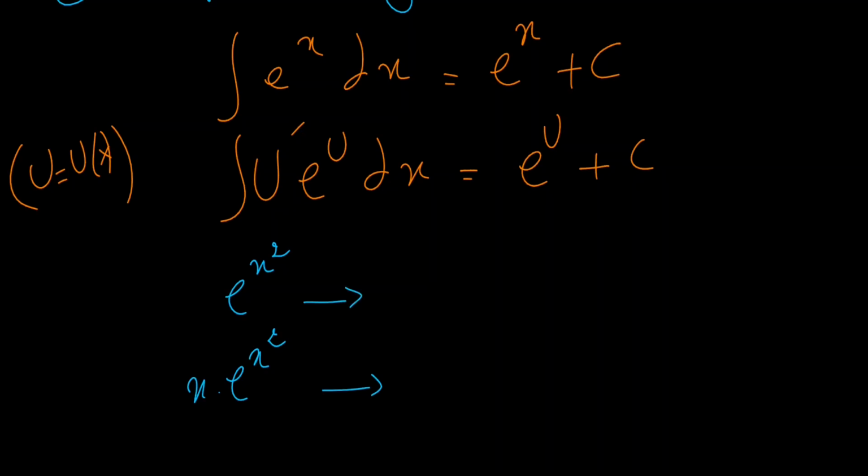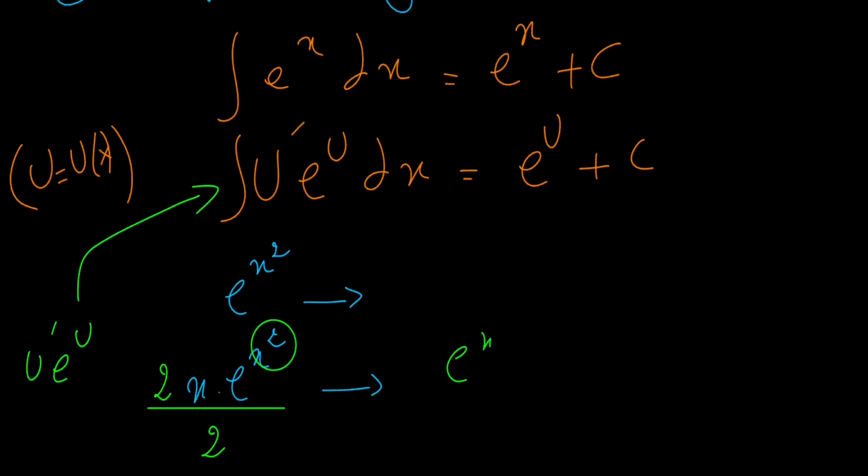The easier function is the second one because the derivative of x squared equals 2x, then we multiply by 2 and divide by 2 to have u prime multiplied by the exponential of u, and we can use this rule directly to obtain the antiderivative, exponential of x squared over 2.